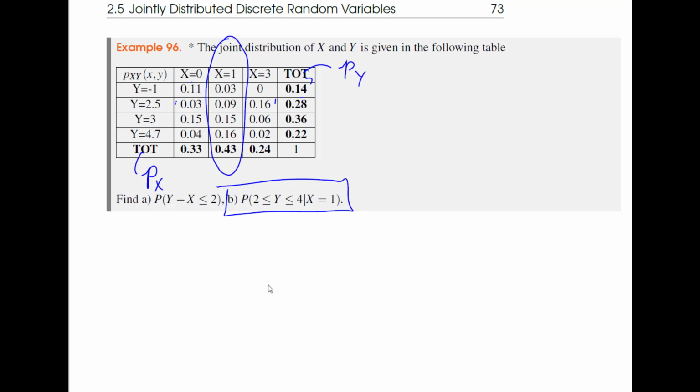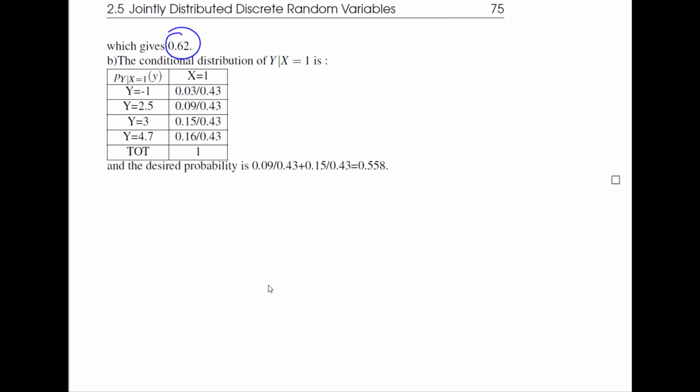So we're going to divide everything by 0.43 such that the total of the column would be 1. We took the original joint probabilities and divided by that column total of 0.43.